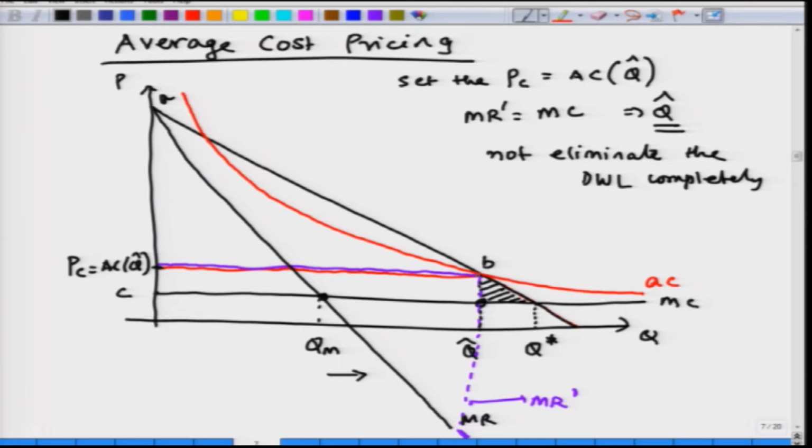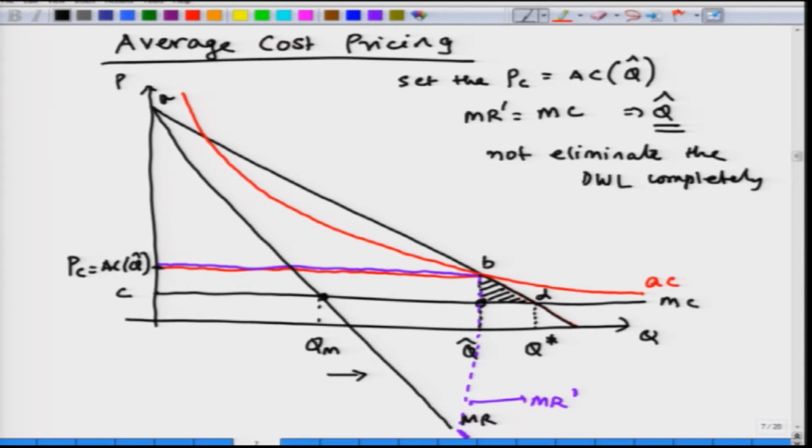Whereas under the perfectly competitive condition, the consumer surplus was the area A, let us call this D, A, D and C. The consumers were buying q star units and paying a price equal to C, and the producer surplus under the competitive condition would not be there. So, the entire surplus goes to the consumer.